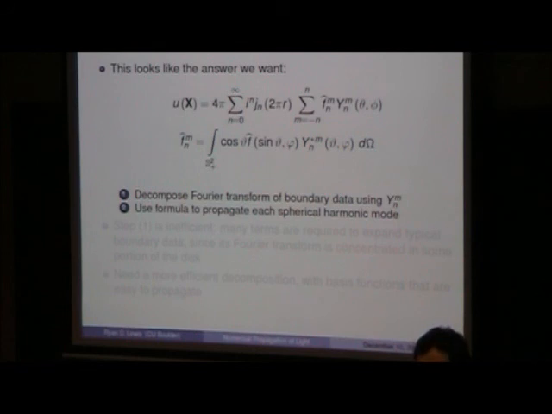Let me be careful when I answer your question because I want to insert a caveat. If you're going a long way, say 1,000 wavelengths or 10,000 wavelengths, you can't just apply the FFT. You need to do something else to keep your kernel from getting highly oscillatory. If the distance is much longer than the Rayleigh range of the sample, it is okay.